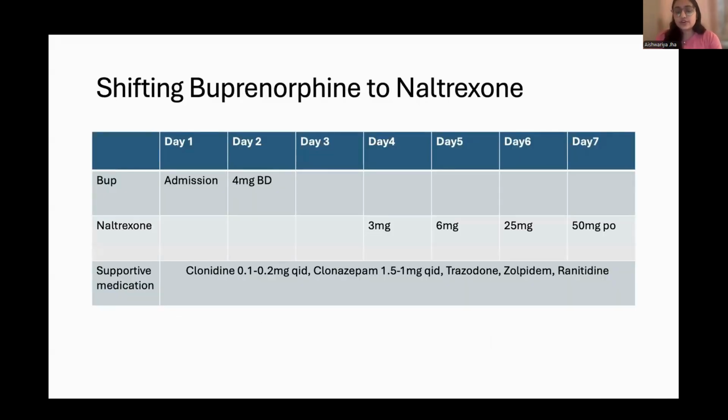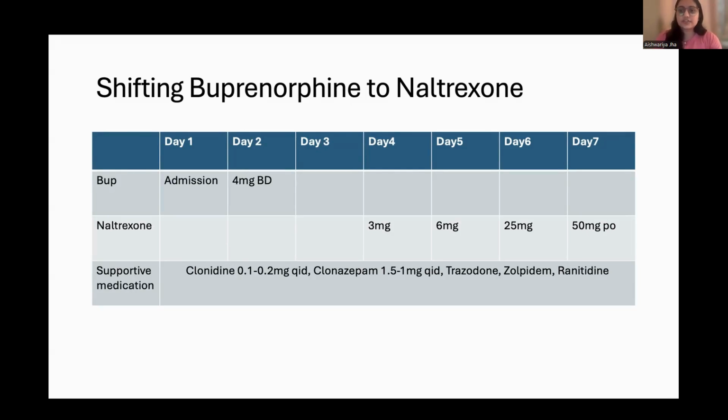If by chance you want to shift from buprenorphine to naltrexone, then buprenorphine and naltrexone should have a good gap. So let's say that on day one, this patient is admitted, and on day two, the person is currently on, say, 8 mg. So what we want to do is actually give a gap of the buprenorphine, and then after that, we want to start off the naltrexone.